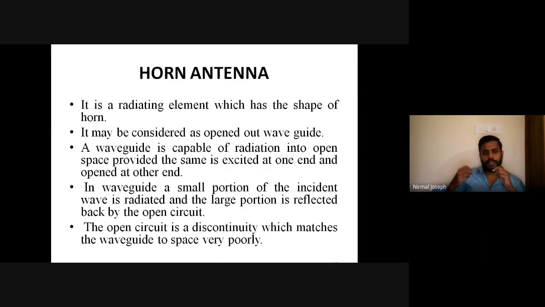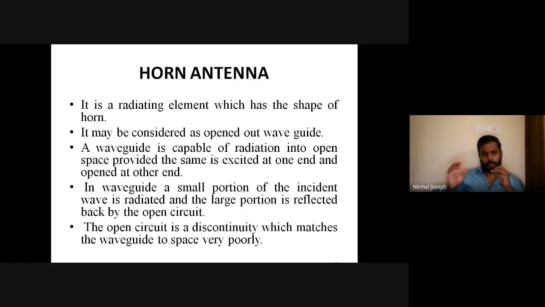If we are avoiding that abrupt discontinuity, we can transmit the wave from the waveguide. So the opened-out waveguide will transmit the wave into space. That is nothing but a horn antenna.